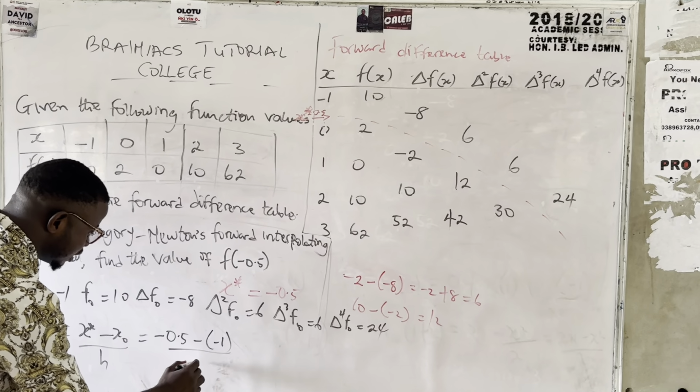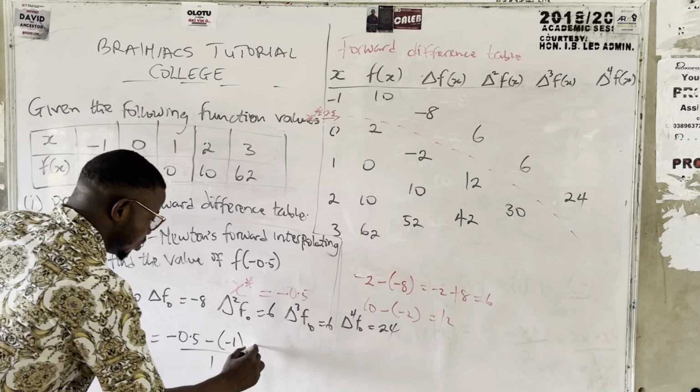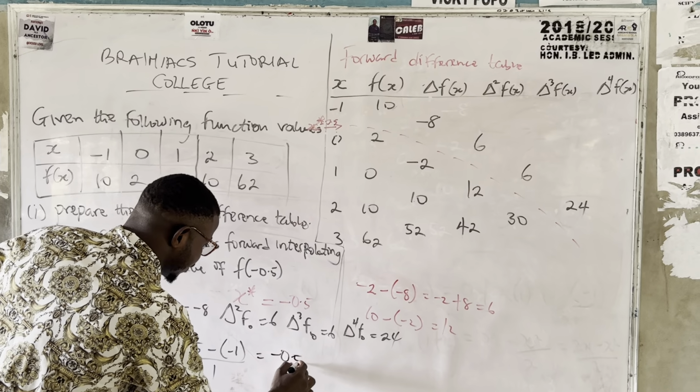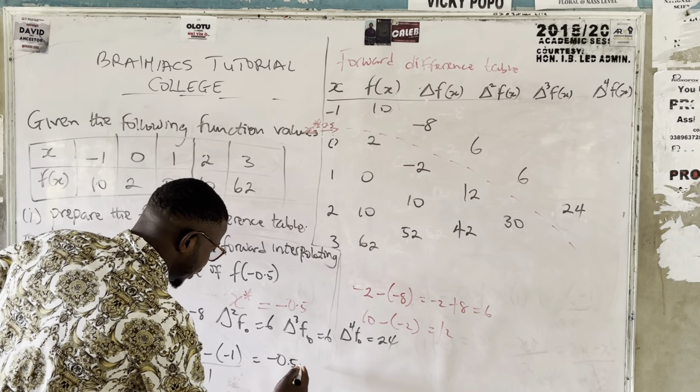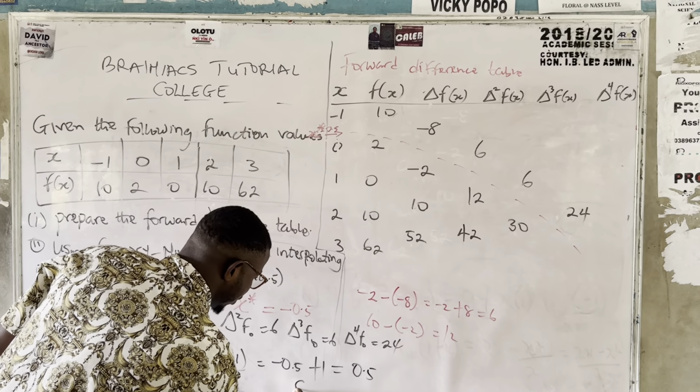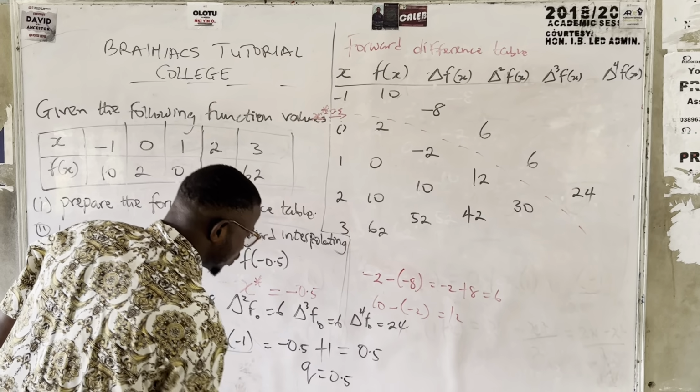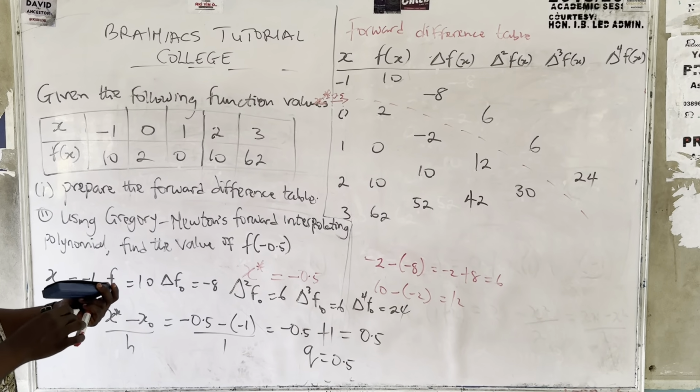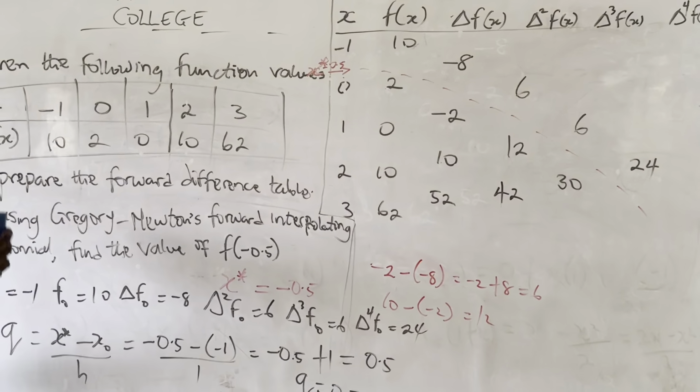Then the value of H is 1. So from here, that would be negative 0.5 plus 1. So that will give us 0.5. So the value of Q is equal to 0.5. We need to find the value of Q so that we can actually use it for the formula.